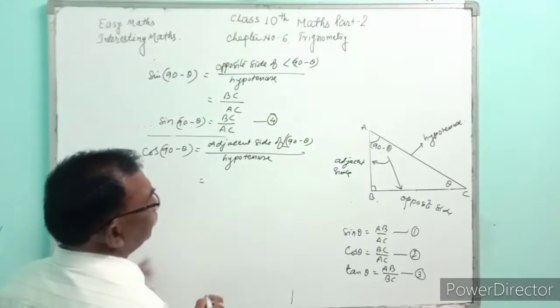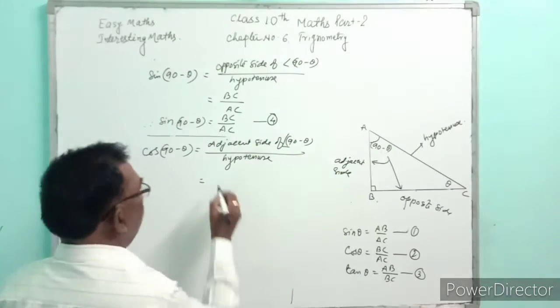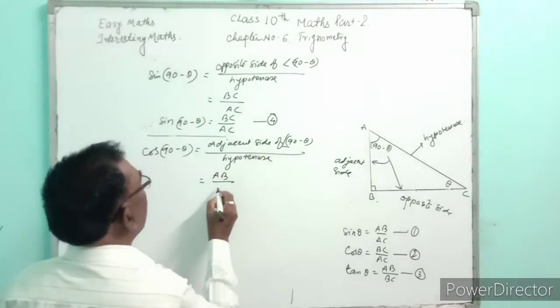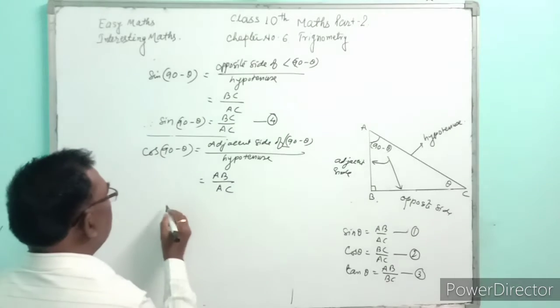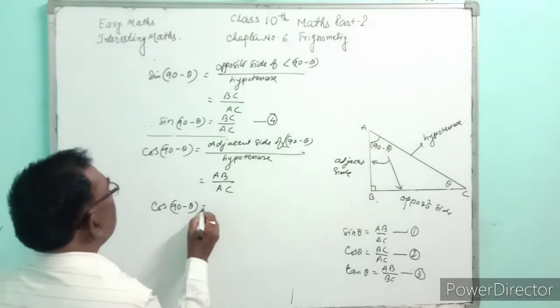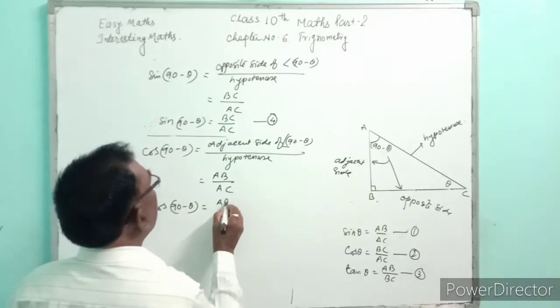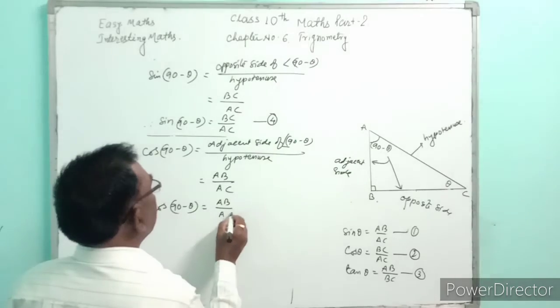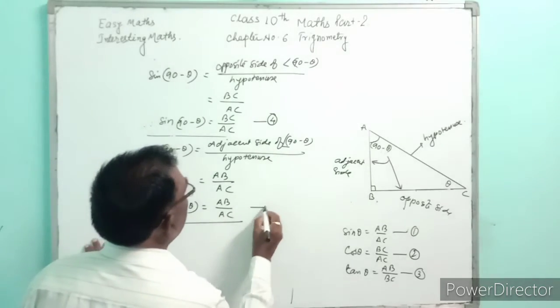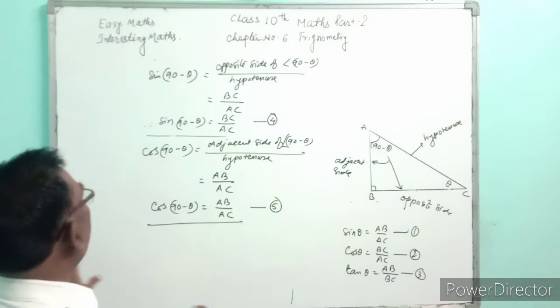So what is the adjacent side? AB, by hypotenuse AC. Therefore, cos 90 minus theta is equal to AB by AC. This is number 5.